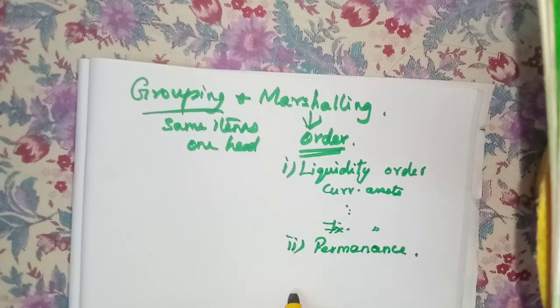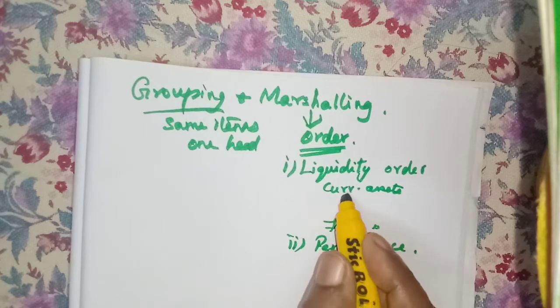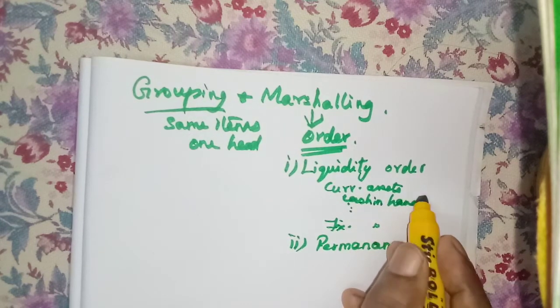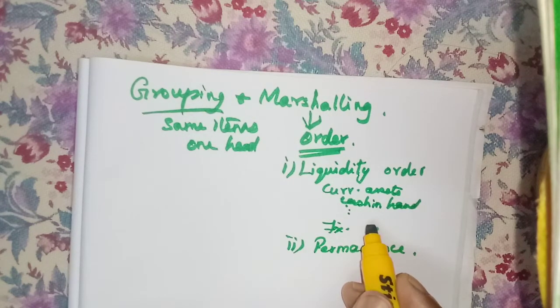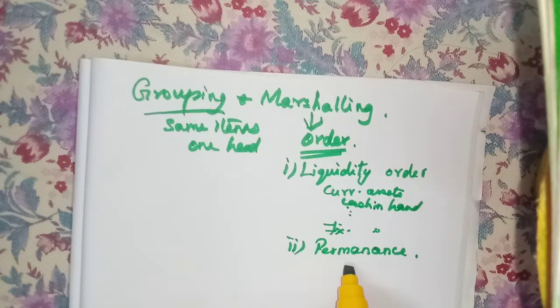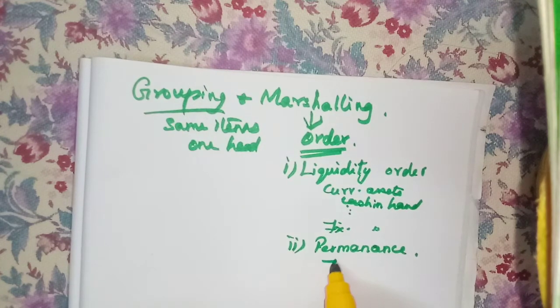If we write in permanence order, it is just the opposite of this one. In liquidity order, we can convert into cash; here cash in hand will be started first, isn't it? That is the first one. Then cash at bank, then investments, then closing stock, sundry debtors, bills receivable. In that order we will write. In permanence order, the first to come will be fixed assets.